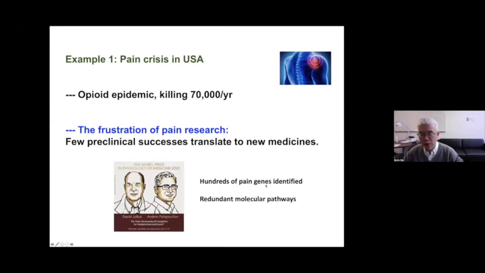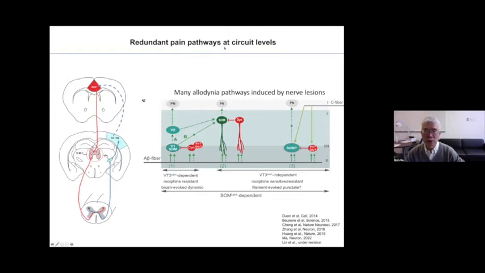Hundreds of genes have been identified as associated with pain. And in the end, you recognize that there are just too many molecular pathways that can drive pain. And at the circuit level, it's a similar thing, we're facing a lot of redundancy.